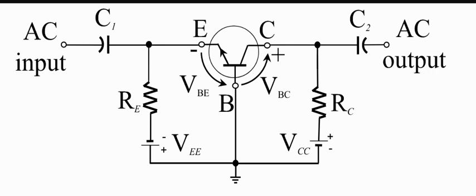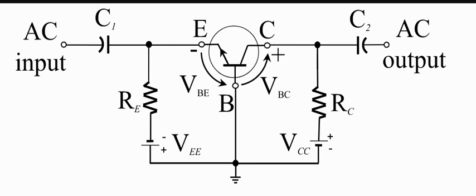So we see that this is an NPN transistor. Why? Because the arrow, which indicates the direction of the conventional current, is coming out of the emitter.